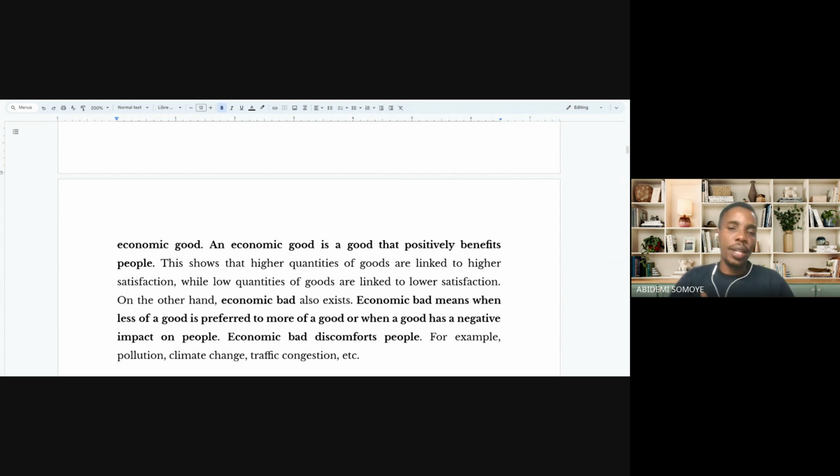Now, climate change, a change in climate, or climate effects such as drought, earthquakes, floods, excessive rainfalls, you wouldn't want that. That would not bring comfort to you. Traffic congestion, you wouldn't want more of traffic congestion because that would delay you.